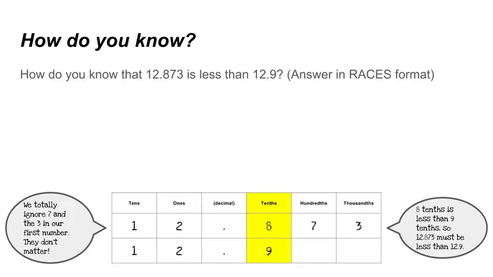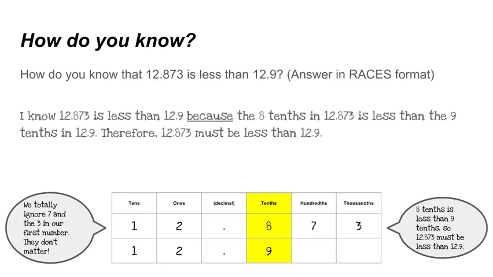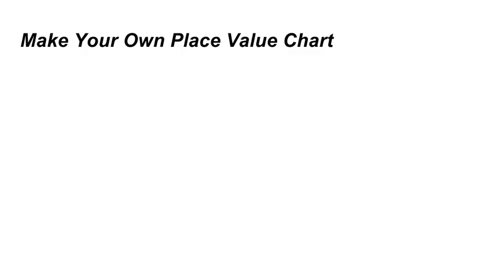If you don't know what RACES means, it means restate the question, answer the question, cite evidence, and summarize. So I would answer like this. I know 12 and 873 thousandths is less than 12 and 9/10ths because the 8/10ths in 12 and 873 thousandths is less than the 9/10ths in 12 and 9/10ths. Therefore, 12 and 873 thousandths must be less than 12 and 9/10ths.